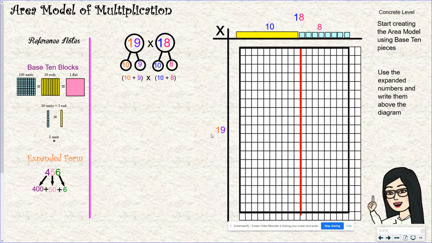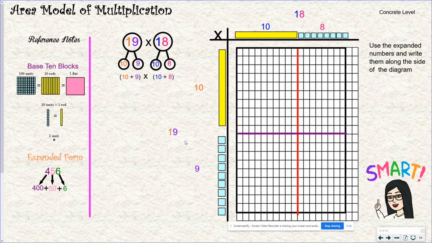I'm going to repeat the same process for 19. My factor 19 was broken up into two smaller factors, which were 10 and 9. So I used a rod to represent the 10 and 9 units to represent 9. And I also drew a line horizontally to separate my 10 and 9.